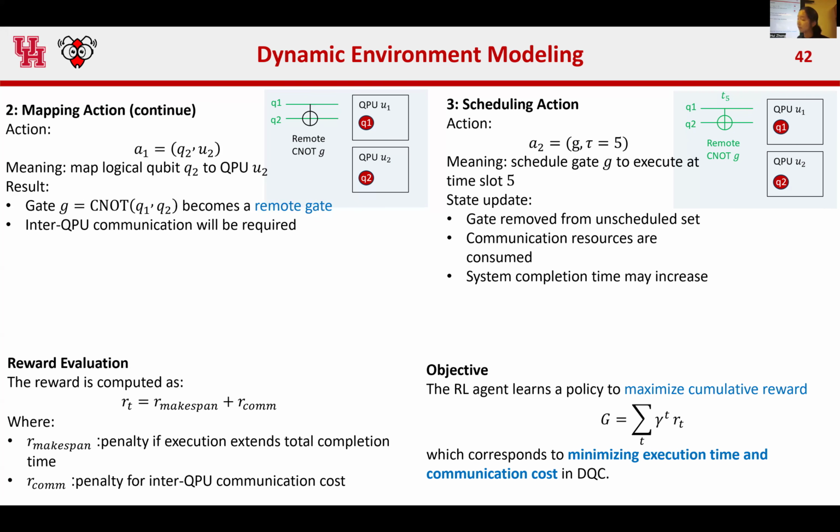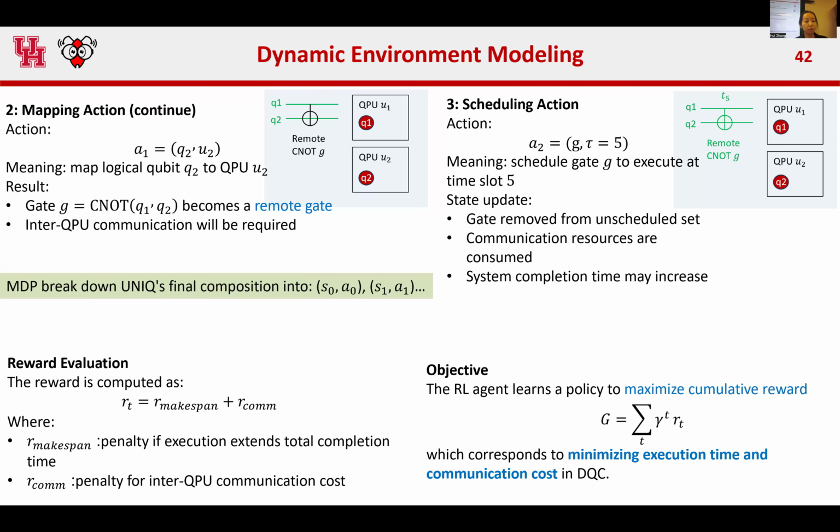What does that mean? If we want to know whether the step 2 action is good or not, the step 2 objective is the step 1 reward plus the step 2 reward, and we maximize this cumulative reward. So now we know that MDP can break down the unique final composition into state-action, state-action, state-action.